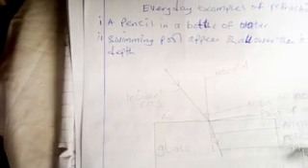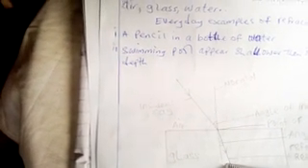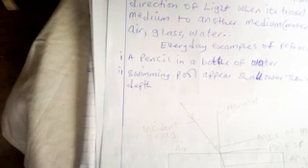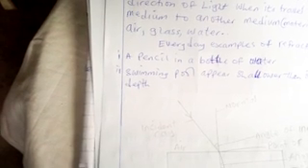Now, when the incident ray enters the glass from the point of incidence, you see that the refracted ray bends towards the normal. This is the normal, this vertical imaginary line drawn here. So the refracted ray bends towards the normal as it enters the glass.